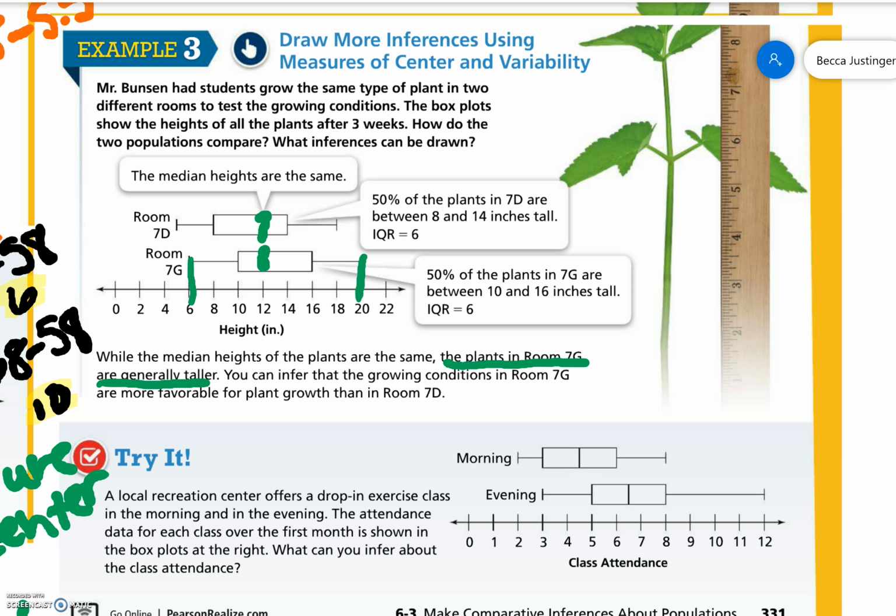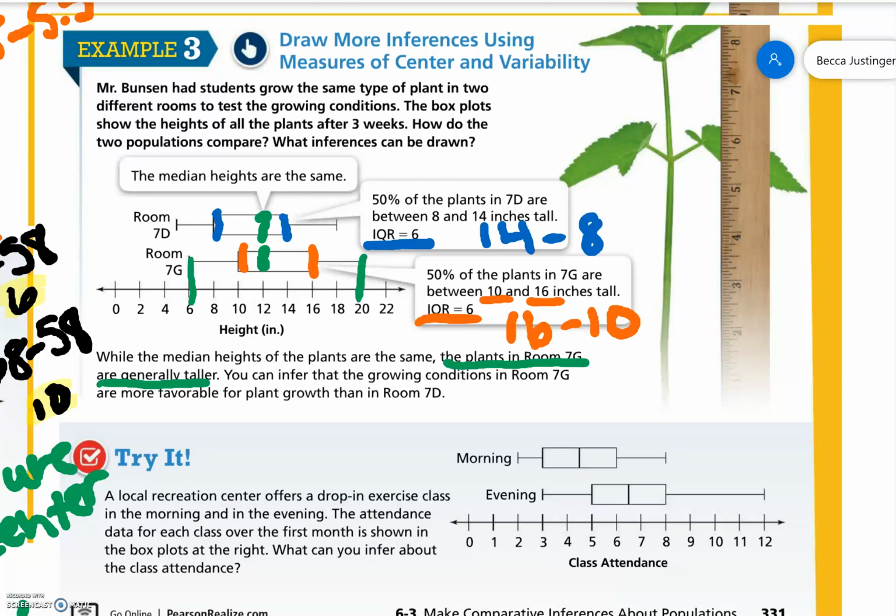Looking at the interquartile range, we go from 8 to 14, so the IQR is 6 because we do 14 minus 8. Interquartile range for 7G, we go between 10 and 16. So subtracting 16 minus 10 gives us our interquartile range of 6. So the interquartile range for both of them are the same, meaning the variability is the same.